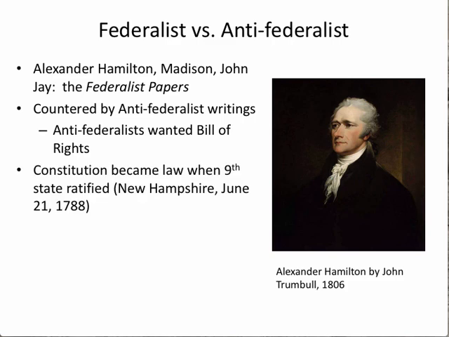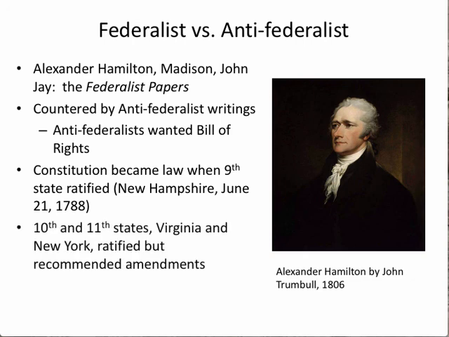Well, the Constitution itself says that it would become law when 9 out of the 13 states ratified it, and the 9th state to ratify was actually New Hampshire on June 21st, 1788. So officially it became the law of the land. However, some of the most important states had not yet ratified, including Virginia and New York.